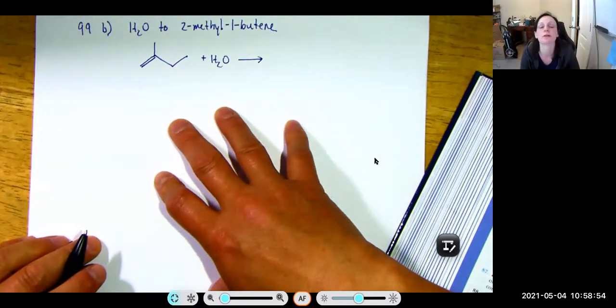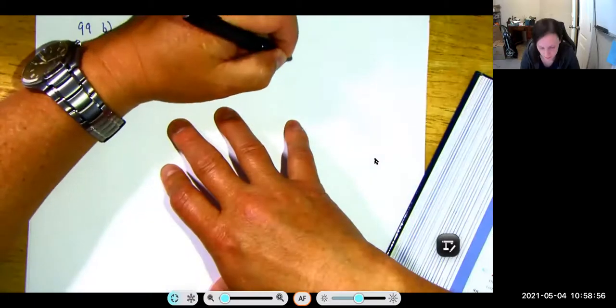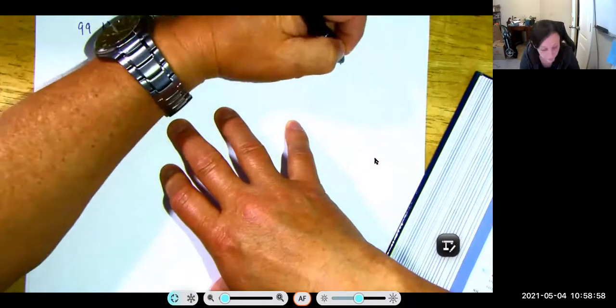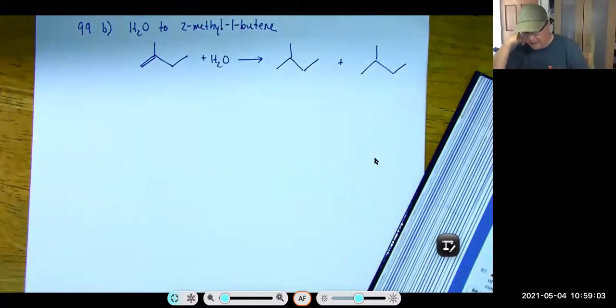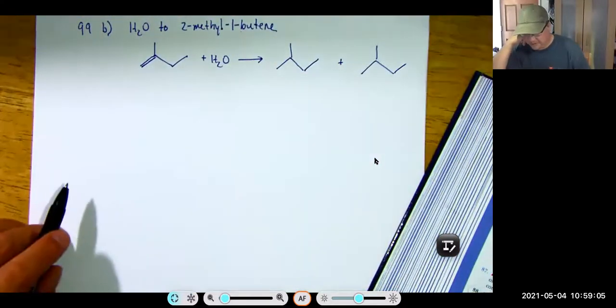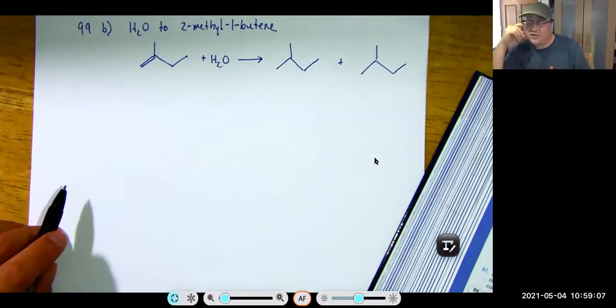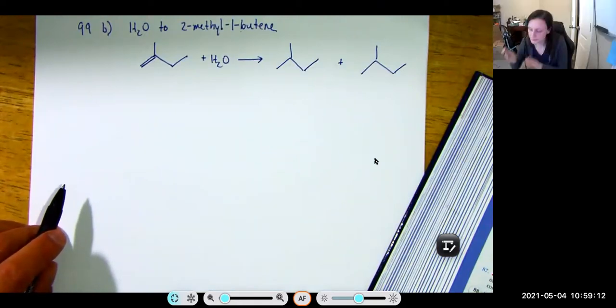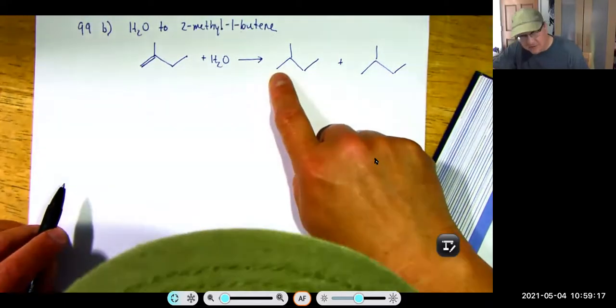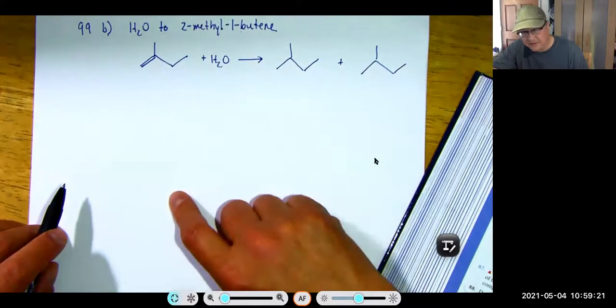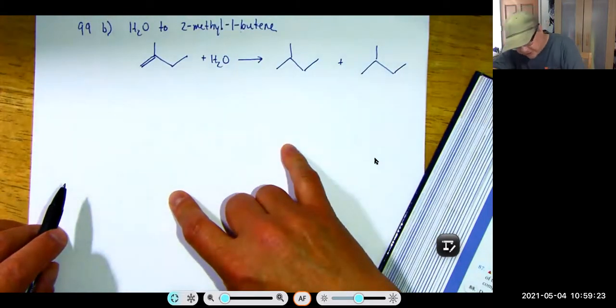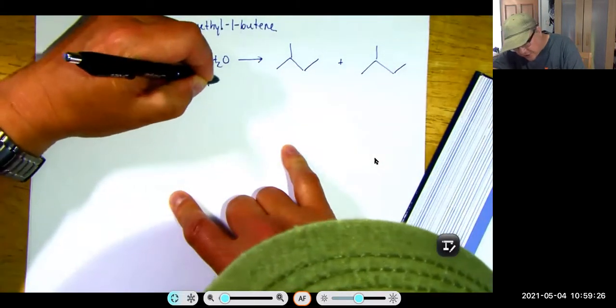So we break the double bond and now we have a single bond there. Where does the H go and where does the OH go? Could the OH go on carbon 1? Because you see an H and an OH.